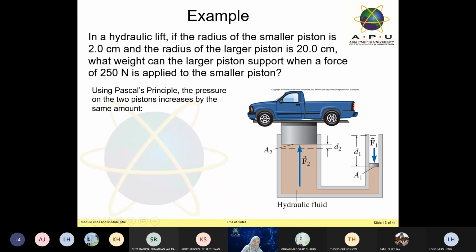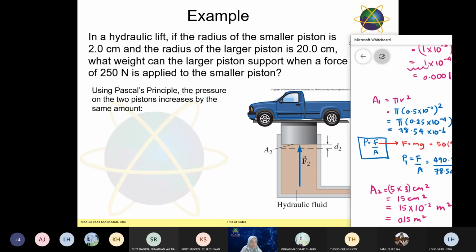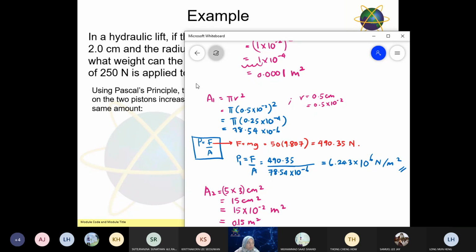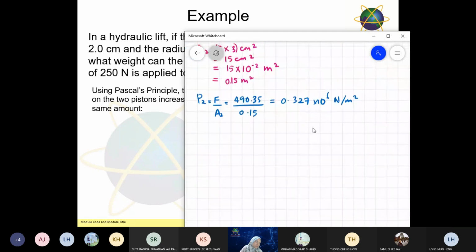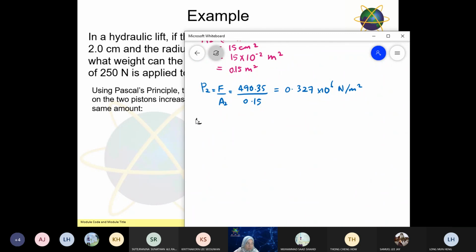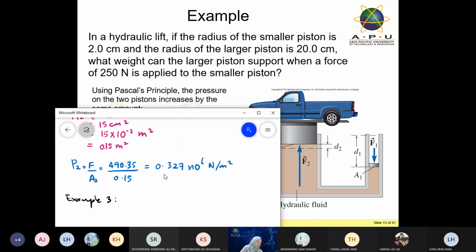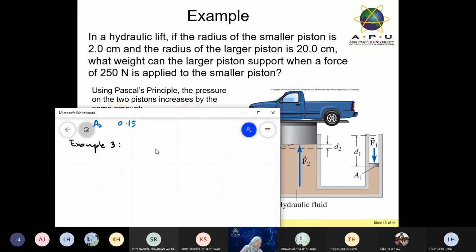Try to do. So for the A1, A1 is the small piston.